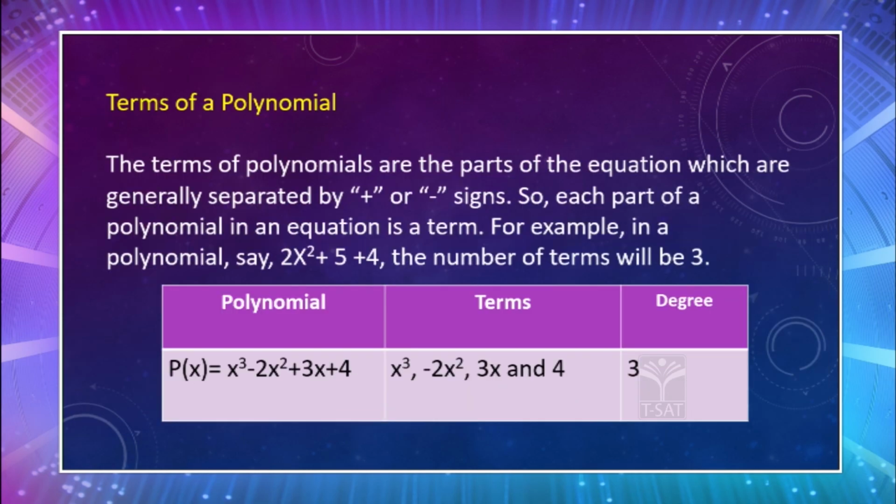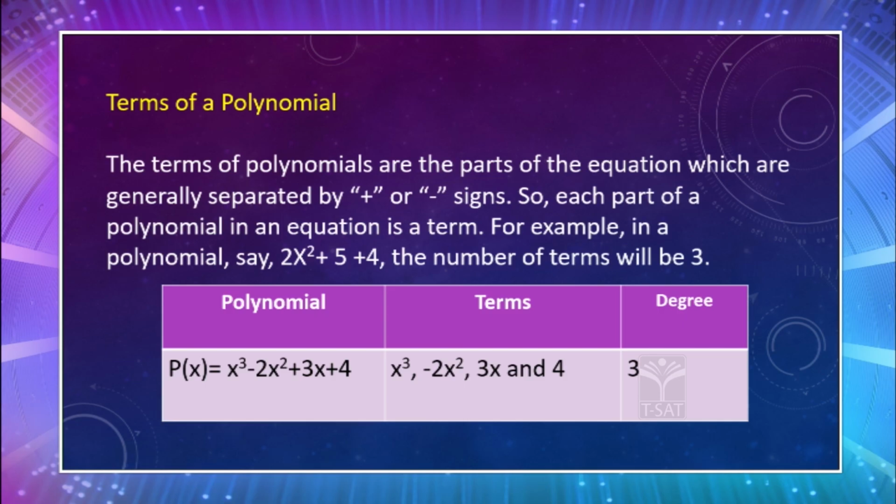The terms of the polynomial, next one. So, if you consider x cube minus 2x square plus 3x plus 4, x cube is one term, minus 2x square is a second term, 3x is a third term, of course, 4 is a fourth term. The terms of a polynomial are the parts of the equation which are generally separated by plus or minus signs.